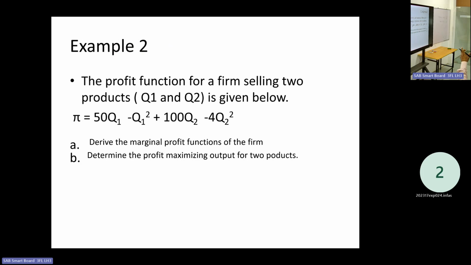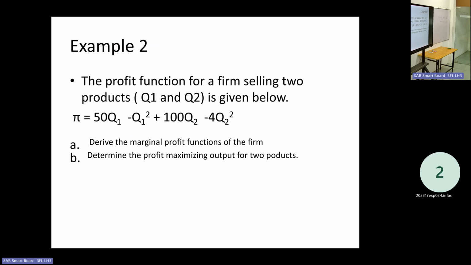Now when we talk about the marginal profit function, we need to take it for each particular product, in terms of product 1 and product 2. We need to derive the marginal profit functions. But we can measure the profit maximizing output based on covering the two products.